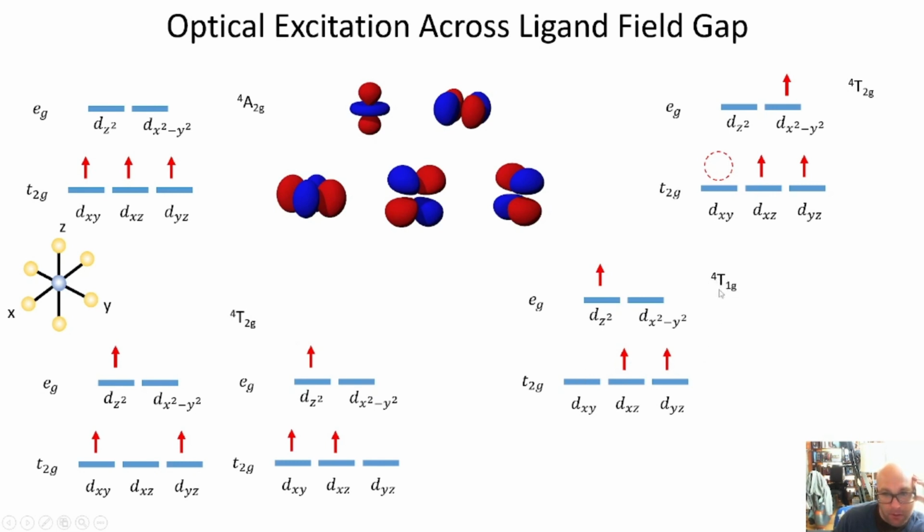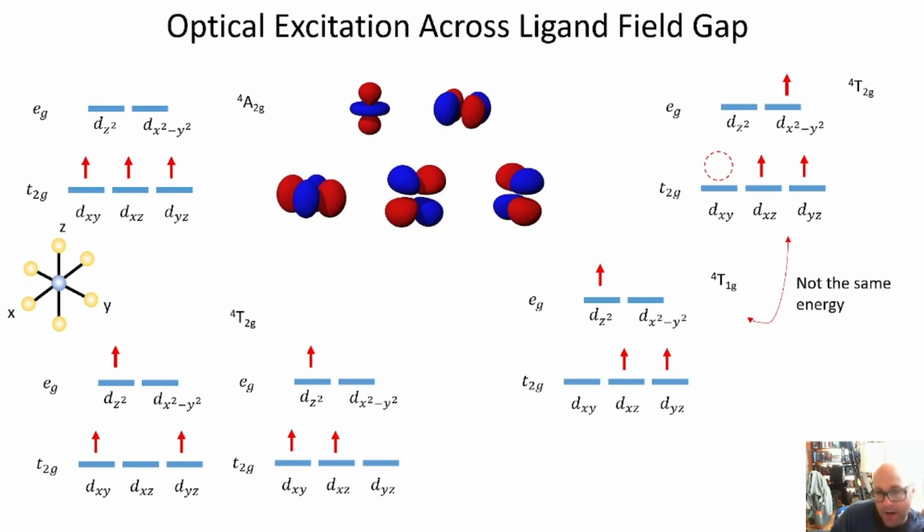And this is called the quartet T1G. To be honest, I don't know why we start with 2 and go to 1. Again, those are all connected with the conventional octahedral point group character tables. And I don't find it very useful to think much beyond that. That's just how they make the symbols in the character table.